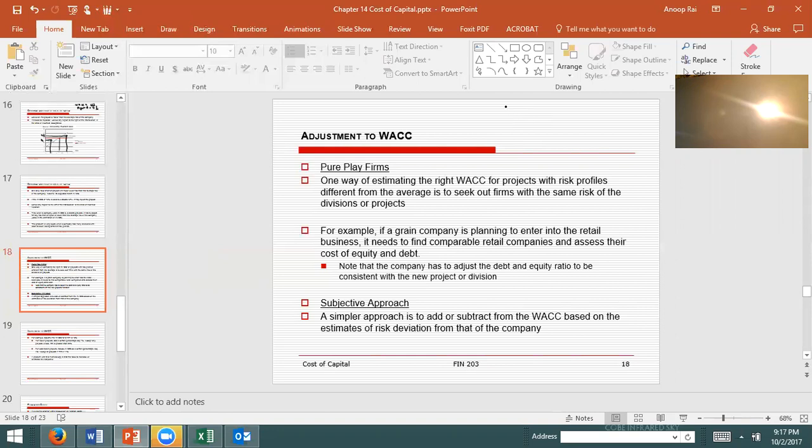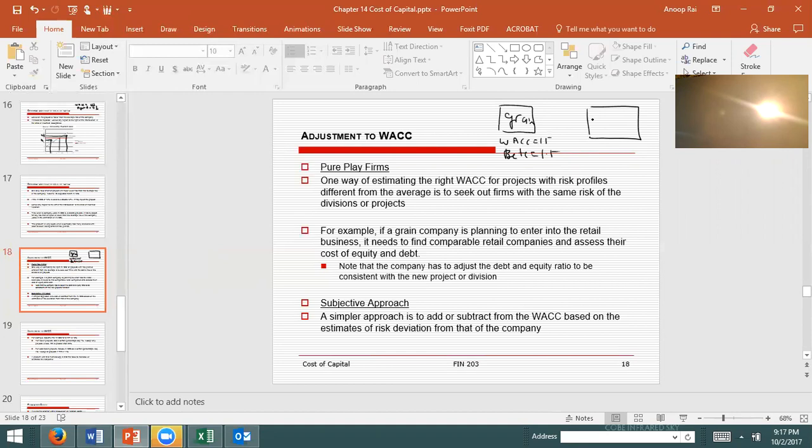So going back to our example, let's say we are a grain company. Our weighted average cost of capital is 15% because our beta is 1.25. But now you want to go into another business, let's say the grain retailing business, into the retail business.